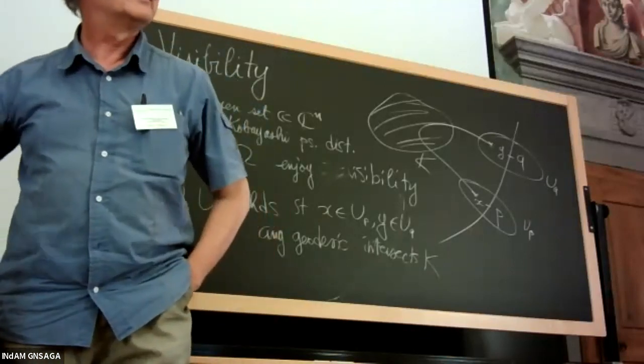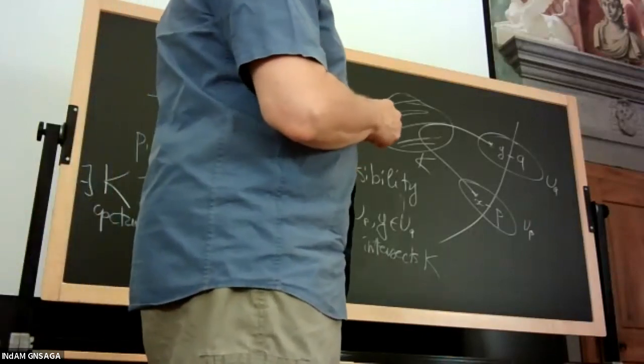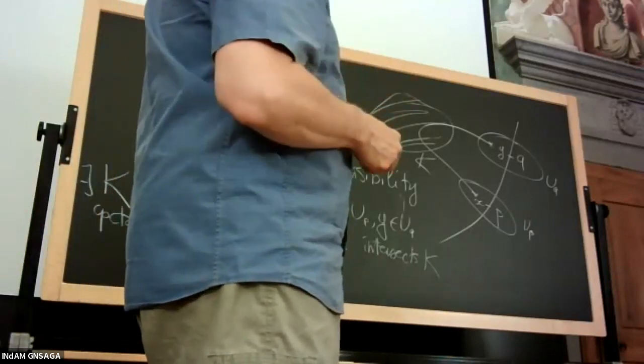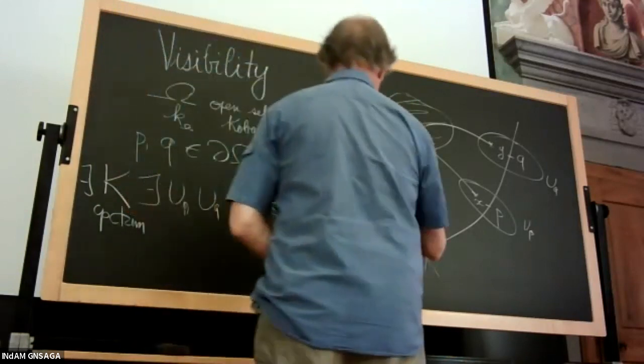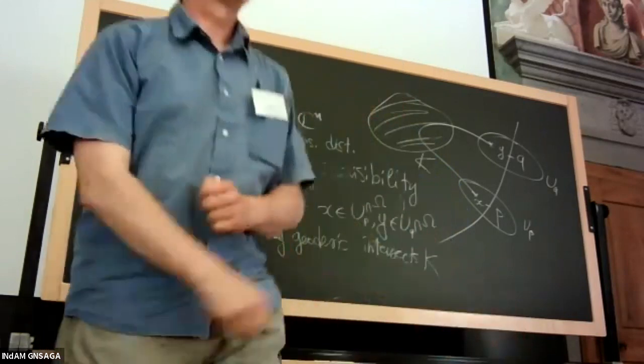Am I correct that your neighborhoods are in the boundary, and the intersection is with respect to it?